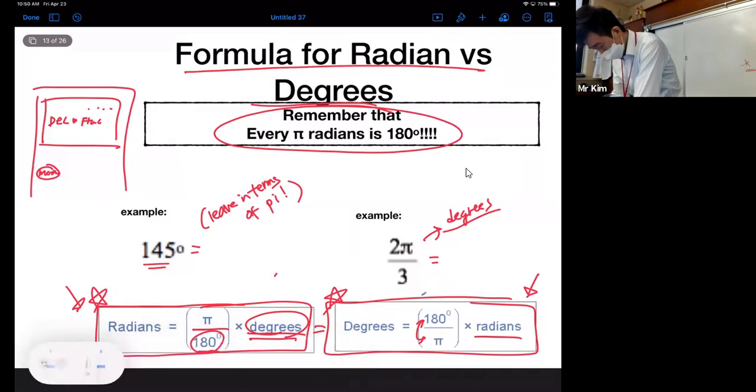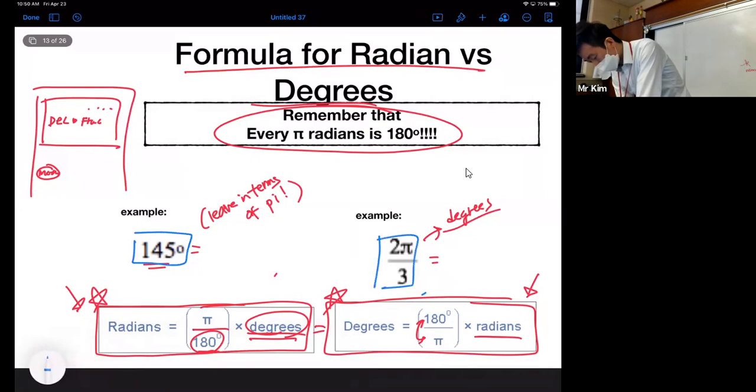Okay, all right, so 145 degrees here, 2 pi over 3. I think for the first one, degrees into radians, can I have a volunteer for this? All right, I'm going to call on Nora, do you have it? 29 over 36 pi.